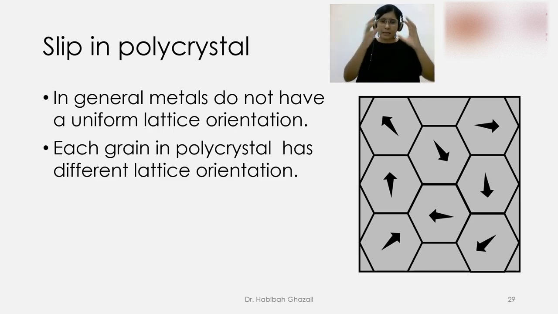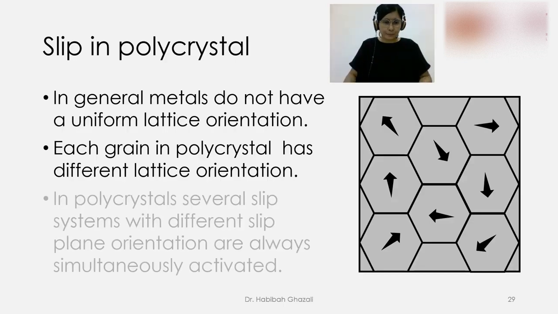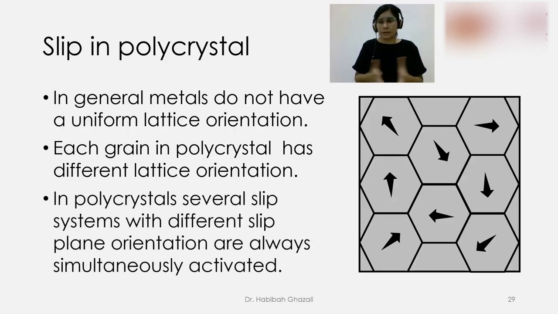You can imagine that one of these grains acts as a single crystal and the other as another single crystal, and they all combine together. In polycrystalline material, several slip systems with different slip planes and orientations are always simultaneously activated. When we apply tensile force, all of these slip plane orientations will be activated simultaneously.